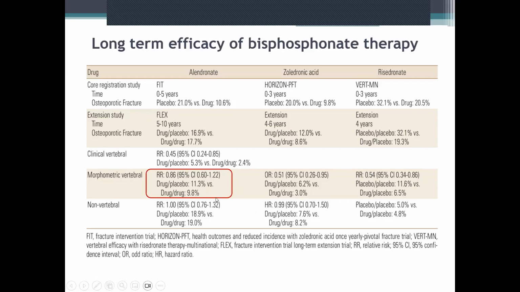So even following the long-term duration, you can see there's a significant reduction in fractures versus placebo. And that's the same as zoledronic acid. So we have data for up to 5 years. Again, significant reduction in the development of new fractures. And the same with risedronate. So for risedronate, there is safety data for up to 7 years. So on average, up to 5 to 7 years for risedronate, and for alendronate, safety data for up to 10 years.